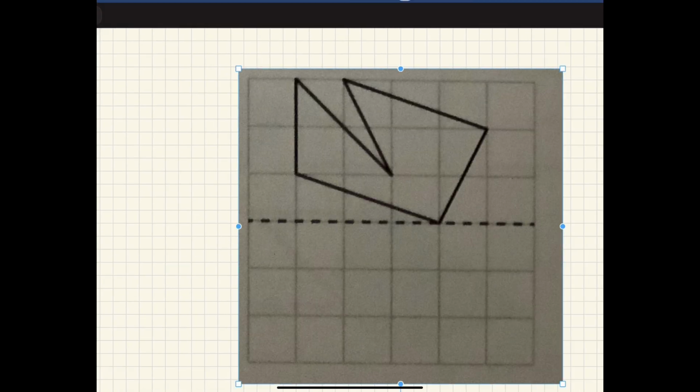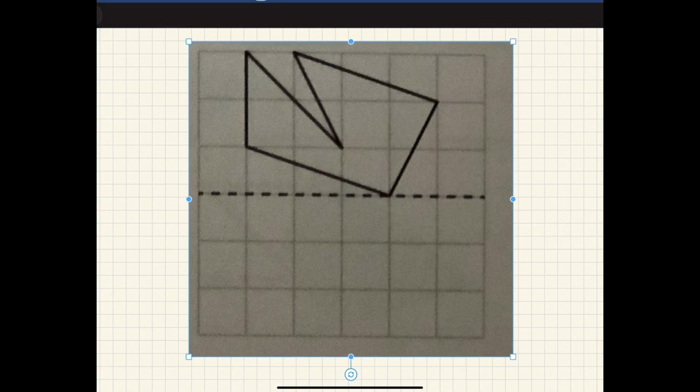Okay, what happens if the mirror line is a horizontal line? So let's have a look at this point first. So let's calculate its distance from the mirror line. So it's 1 unit. But please notice that we are counting the distance vertically.